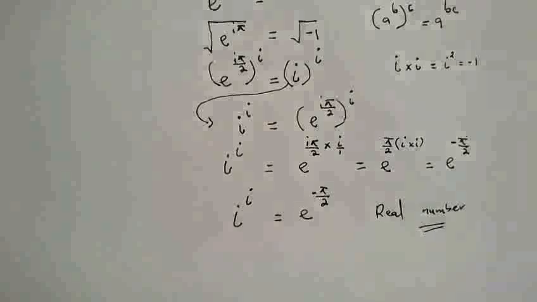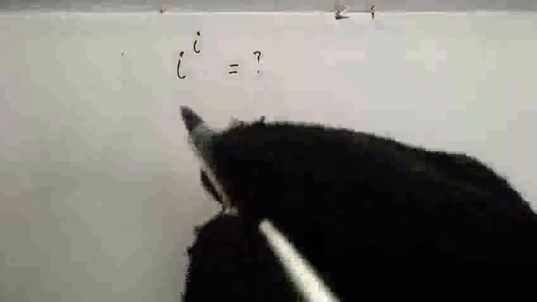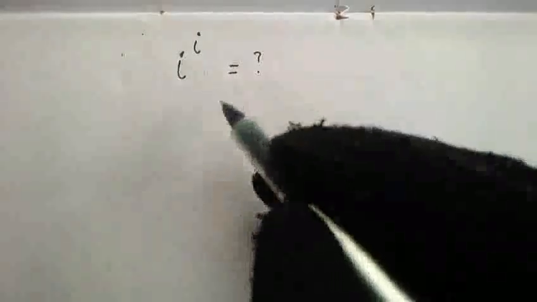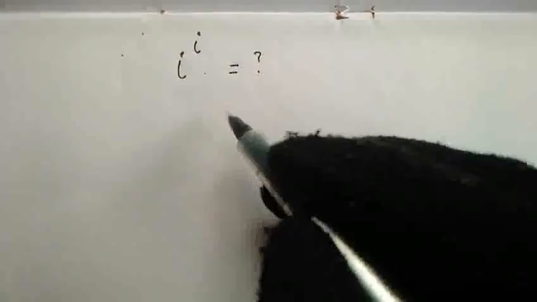So let's go to the second method. Now I'll be writing this in polar form. So how do I do this?